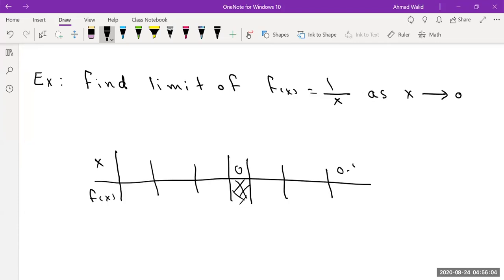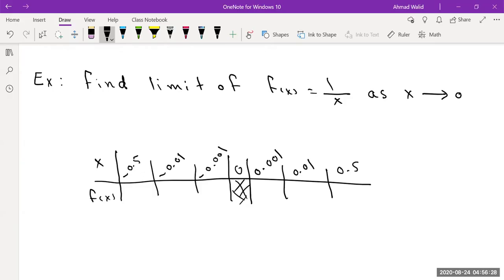Start from 0.5. Here maybe 0.01. Here maybe 0.001. Here start with negative 0.5. Here maybe negative 0.01. Here maybe negative 0.001.